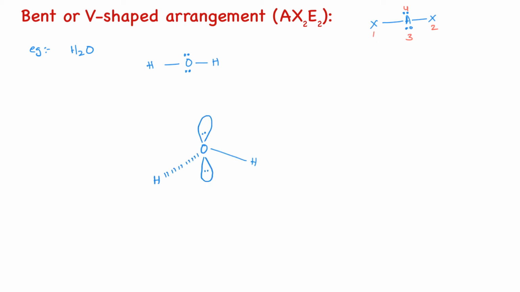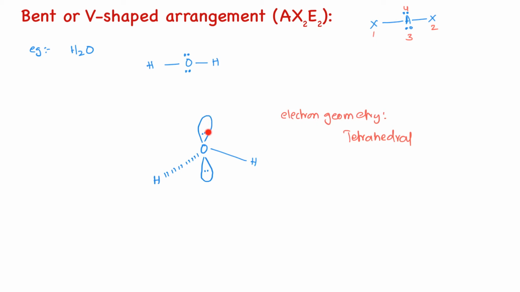The next molecule is of type AX2E2, that is, the central atom has 4 valence shell electron pairs around it. 2 of them are bond pairs and 2 of them are lone pairs. An example of such molecule is water, in which there are 2 single bonds around oxygen and 2 lone pairs on it. There are overall 4 valence shell electron pairs around the central atom, which means the geometry of electron pairs is still tetrahedral.